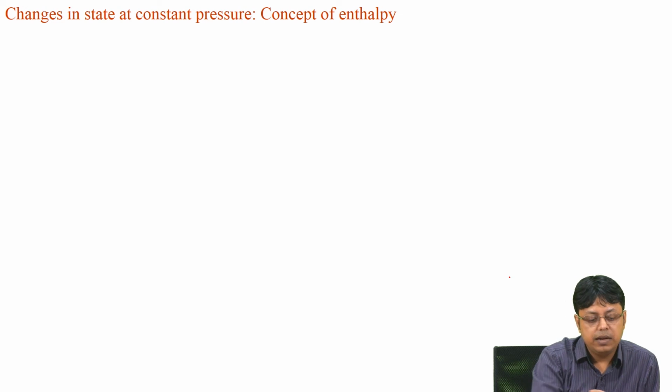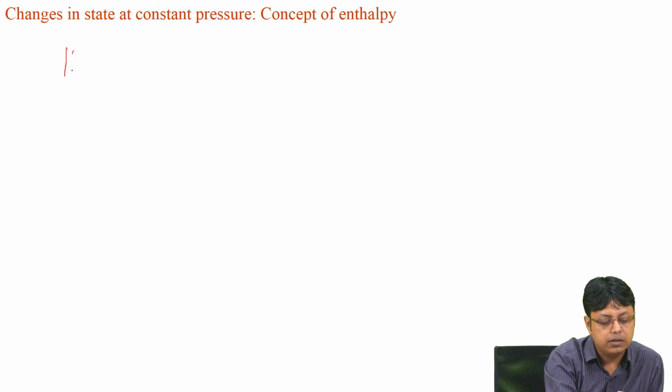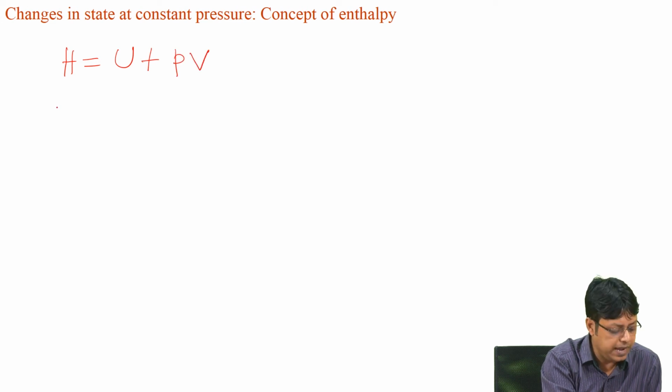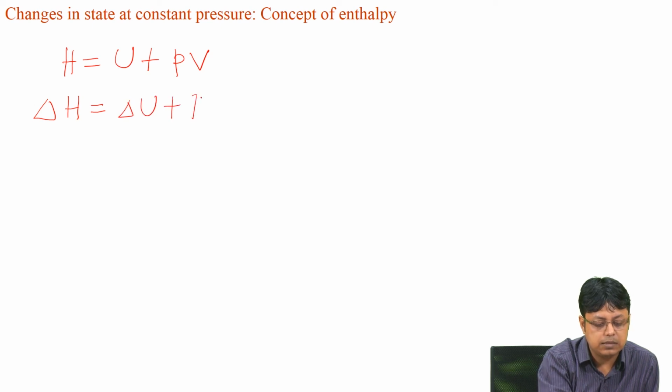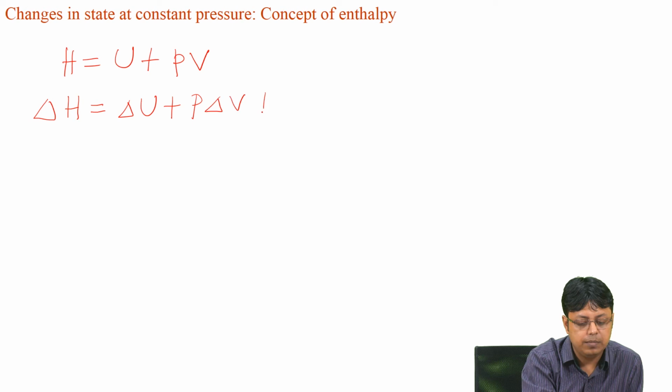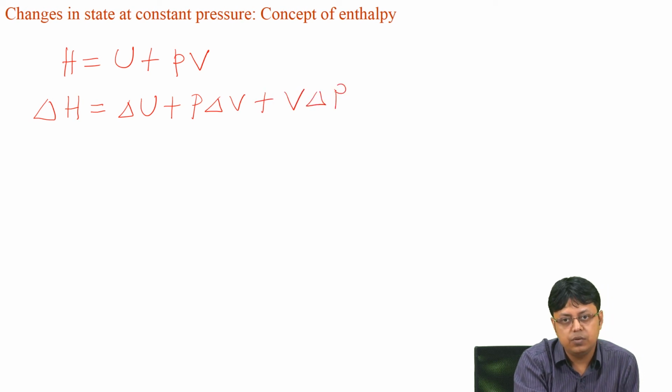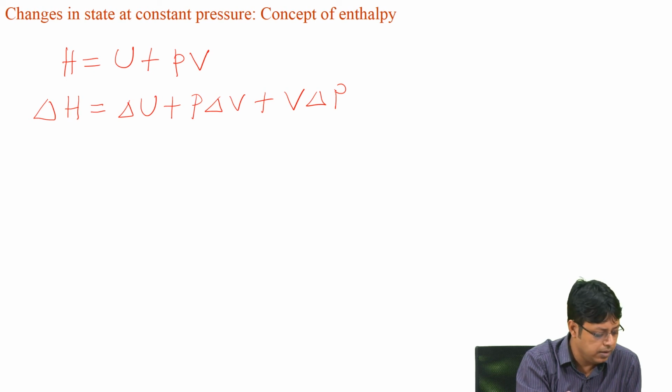We just defined enthalpy H as U plus PV. Now, if we take the total differential of enthalpy, it must be equivalent to delta U plus P delta V plus V delta P. This is using the chain rule of differentiation.